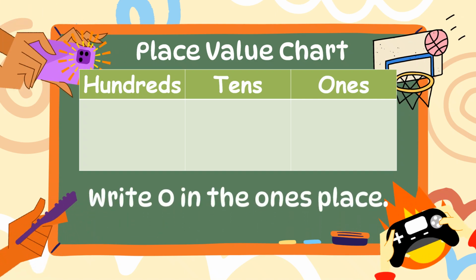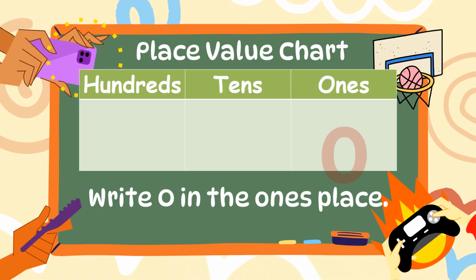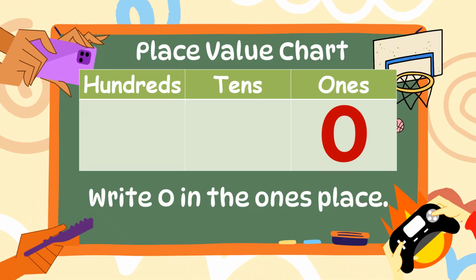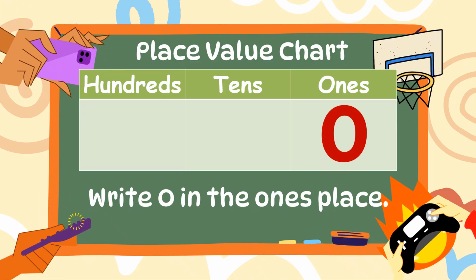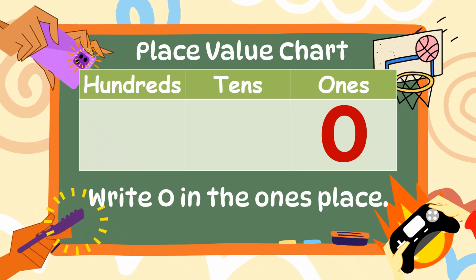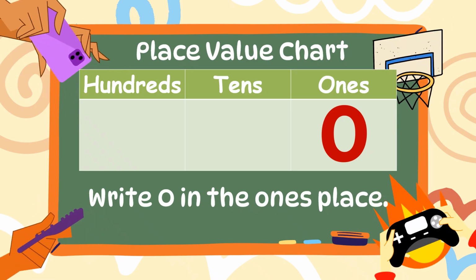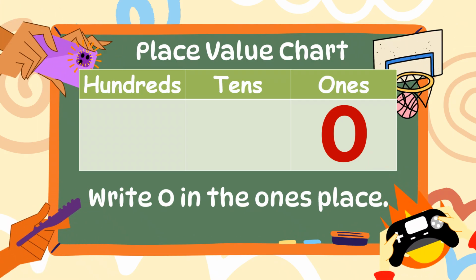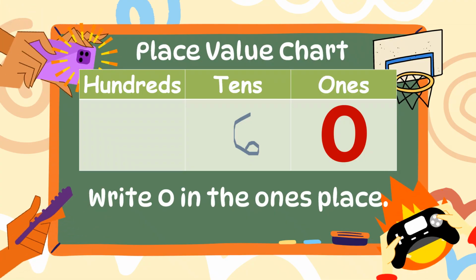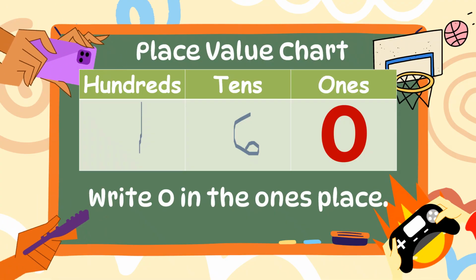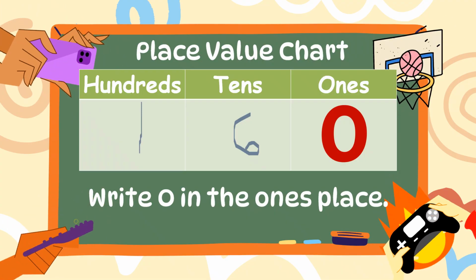Write 0 in the ones place, and then write 6 in the tens place. And where will you put the 1? Okay, you put the 1 right here.